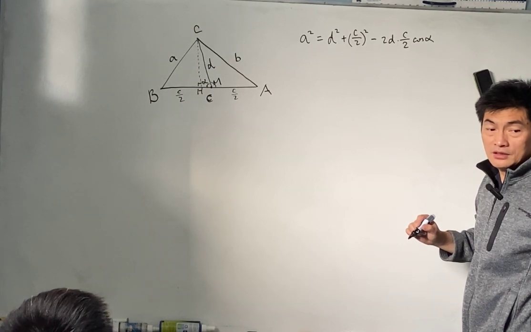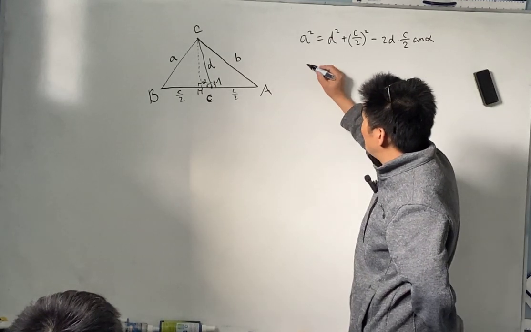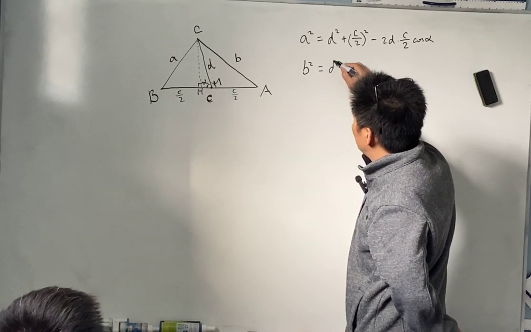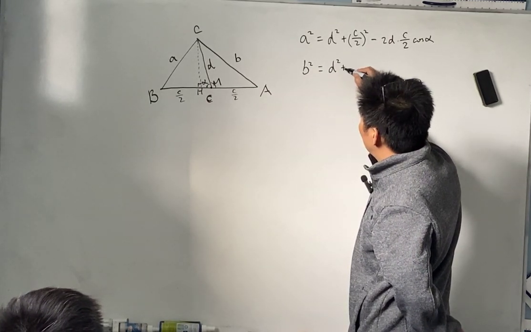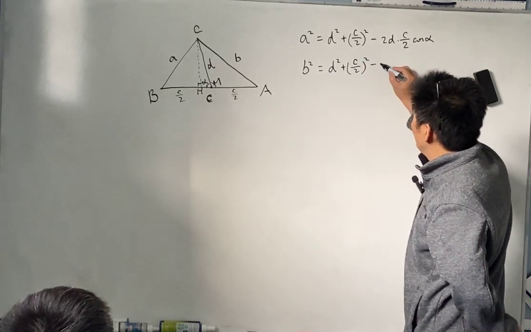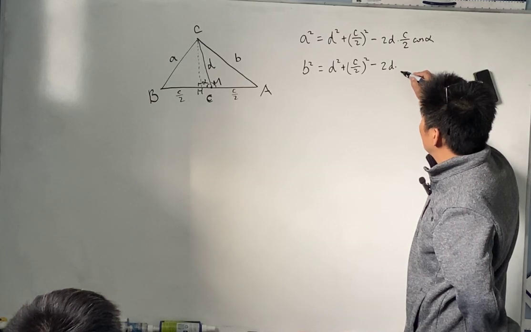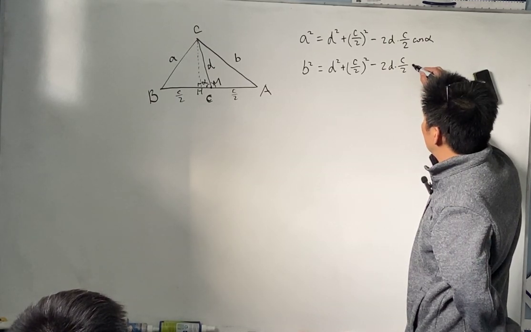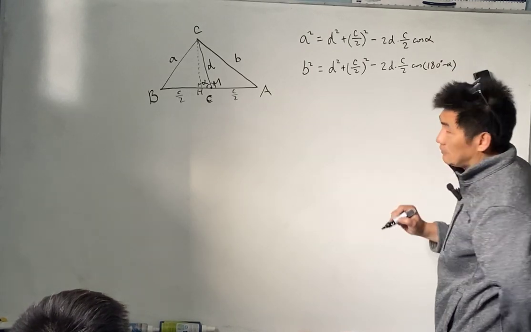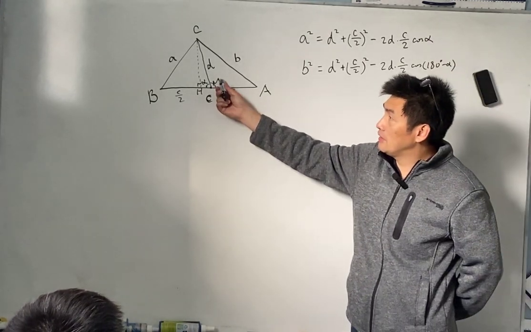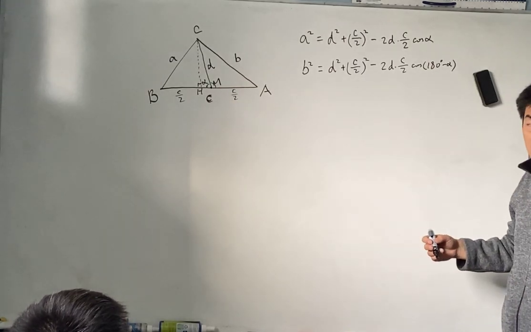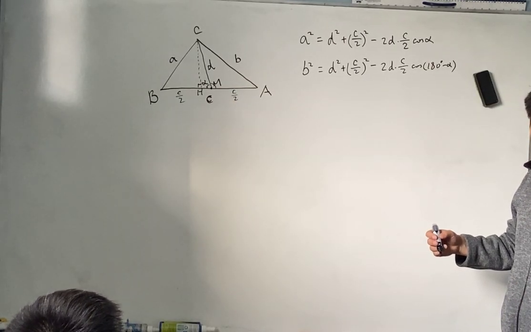That's the cosine law. And then b squared equals d squared plus c over 2 squared minus 2d times c over 2 cosine of 180 degrees minus alpha, because that's the other angle. And then we have two equations. All right?